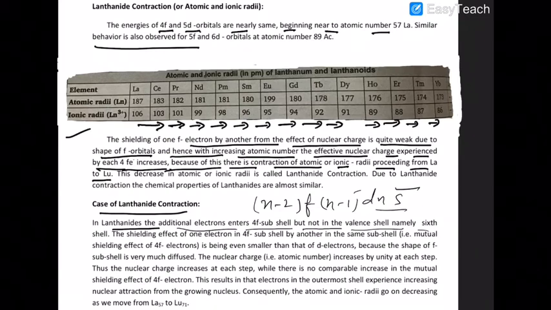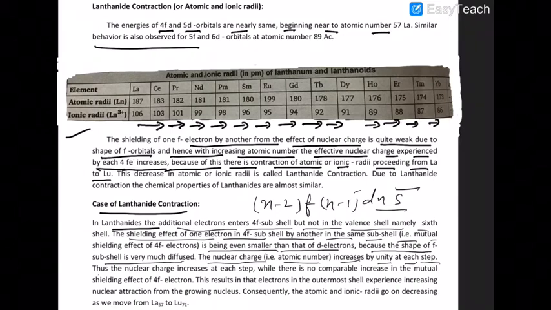Sixth, the shielding effect of one electron in the 4f sublevel by another in the same sublevel is very, very small compared to that of d orbitals. Everyone knows that f orbitals are most poorly shielded and s electrons are heavily shielded. Because the shape of the f sublevel is highly diffused, the nuclear charge, or the atomic number, increases by a unity at each step.